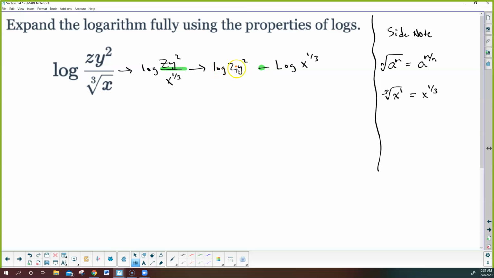But then I have the product right here. Right? Z times y squared. Let me make that look more like a z. Z times y squared. This has to be broken up as the log of z plus the log of y squared. And then the last part is dealing with the exponents. Those exponents need to come in front as multipliers.